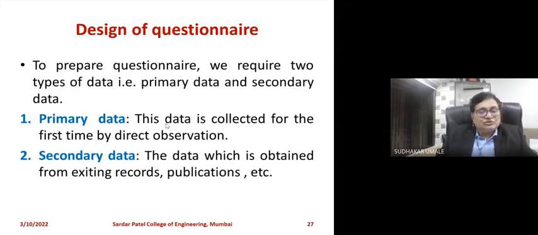I want to explain some of the importance of secondary data. No survey can achieve success without well-designed questionnaires. Unfortunately, questionnaire design has no theoretical base to guide a marketing researcher. Suppose you are using this data in marketing research.